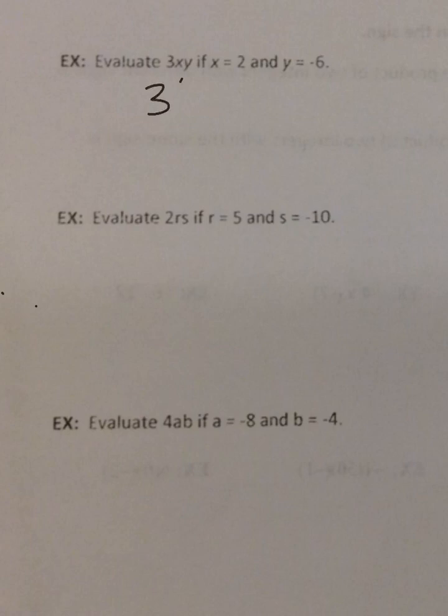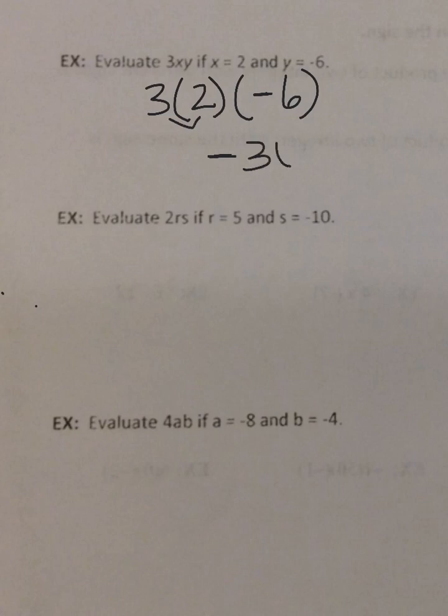I'm going to keep the 3 and multiply that by x, which is 2, and then multiply that by y, which is negative 6. Using my shortcut, I only have one negative, an odd number of negatives, so my answer is going to be negative. Then if I multiply across, 3 times 2 is 6, and then 6 times 6 is 36. So I would have a negative 36 as my answer.